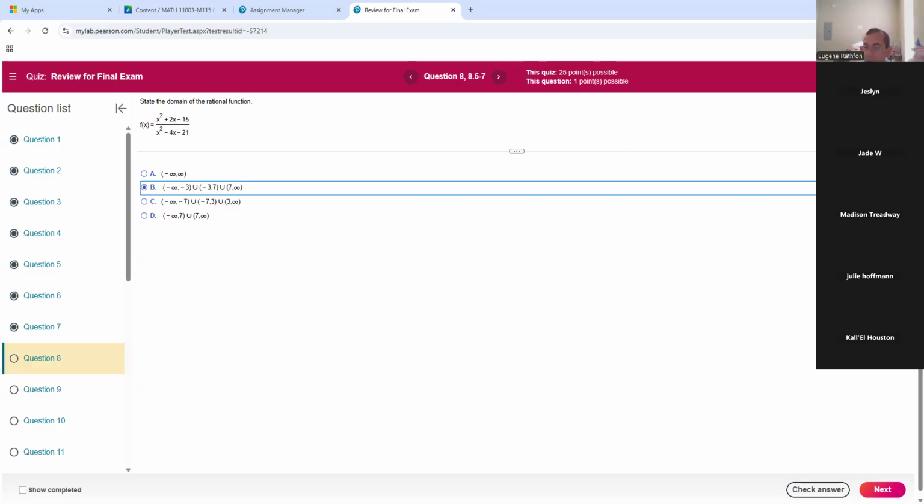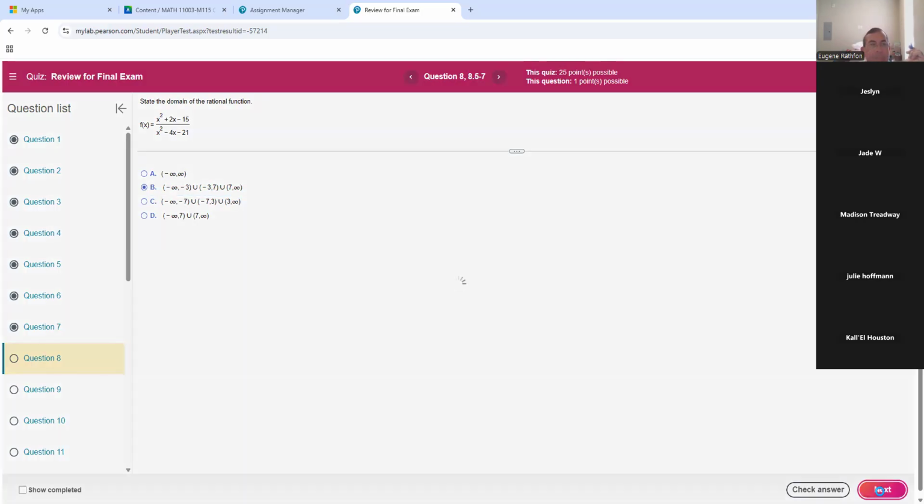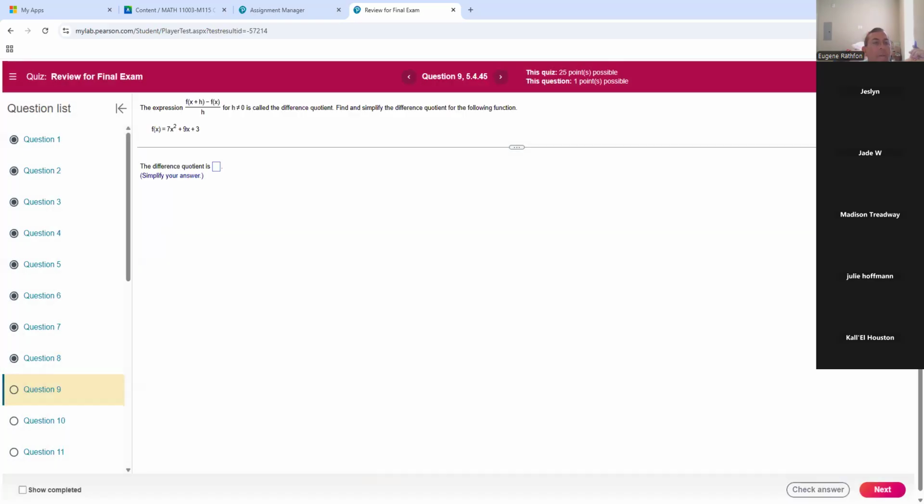All right, y'all, then we would hit next. Okay, so here's one of the more tedious problems. They're giving you the difference quotient, f of x plus h minus f of x all over h.